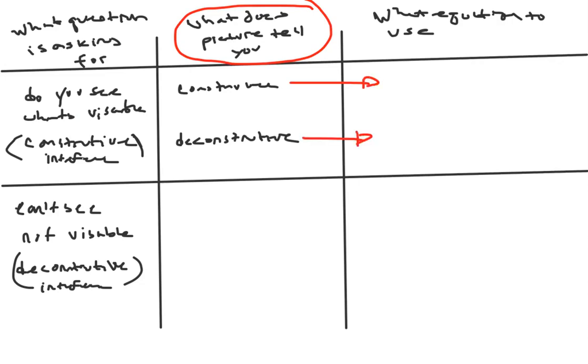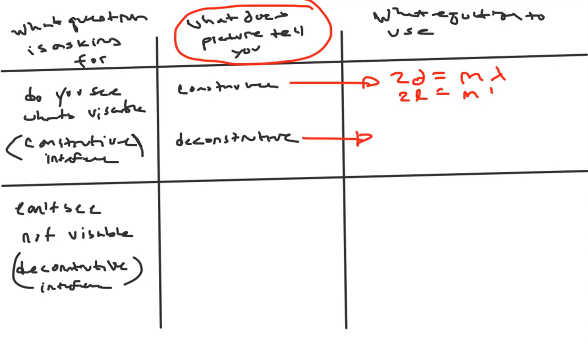Look in your book. We're going to tell you, you got to draw the picture every time, because you got to look at what the question's asking you. You got to look at what the picture's telling you. And then once you know those two things, you know what equation to use. So here, if it's constructive, you're going to use what we call the constructive equation. If it's deconstructive, you're going to, and remember, you can write this as 2L, however you want to write it.